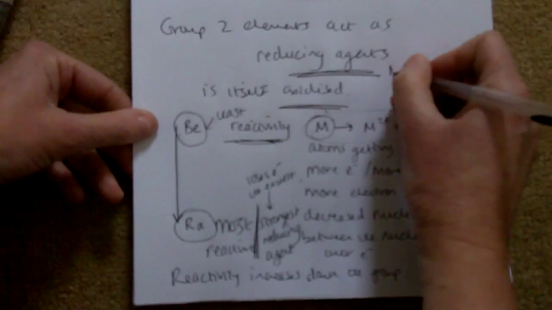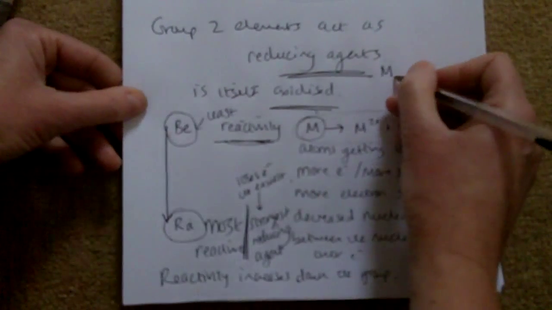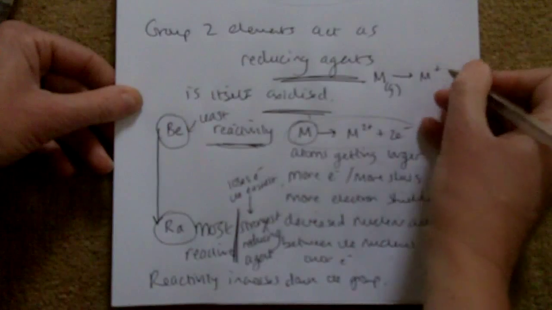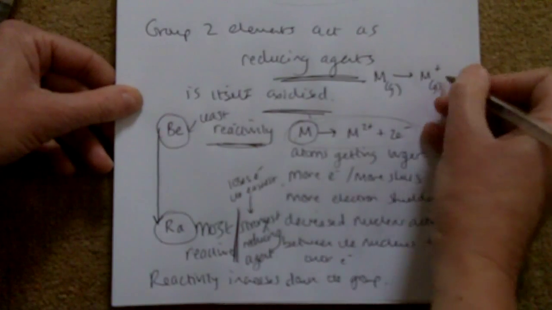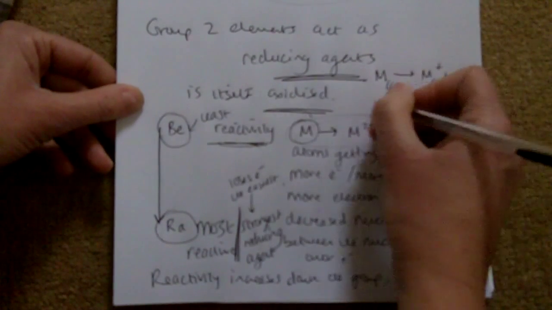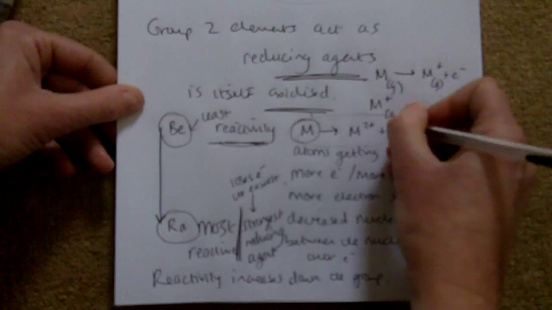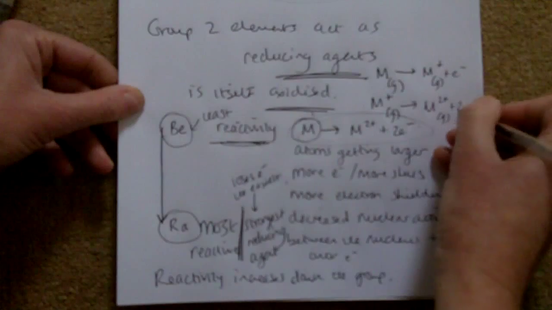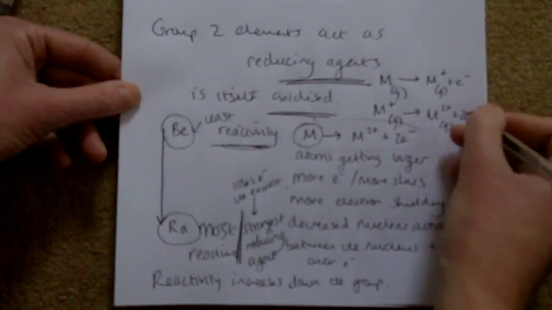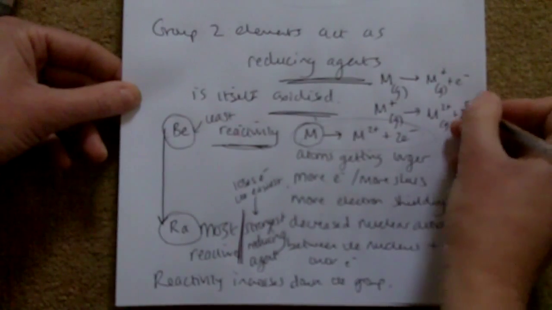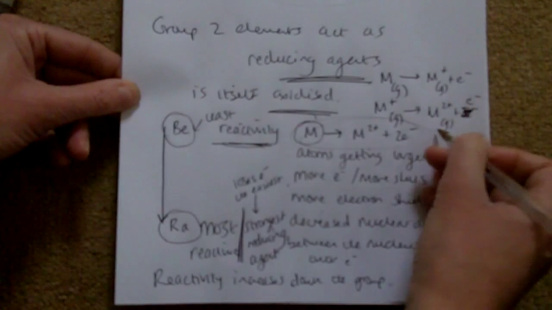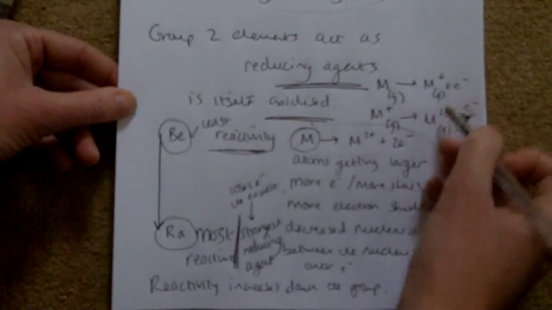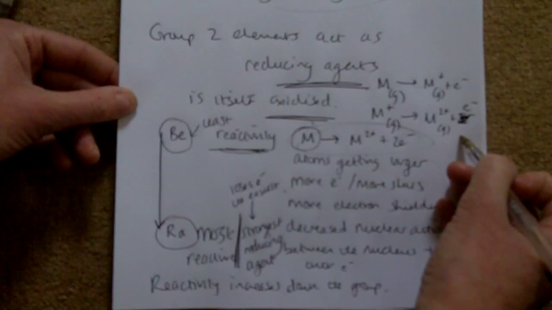So first, if you look at ionization energy, the metal in the gaseous state loses the first electron, and that's first ionization energy, and then it loses a second electron to give the 2+ ion. That's the second ionization energy.